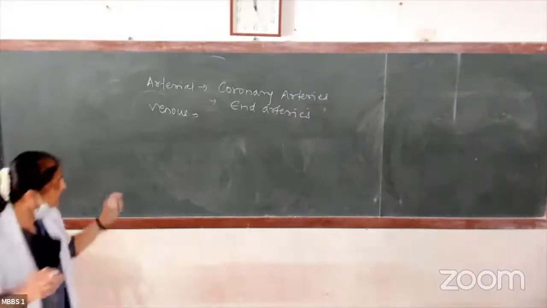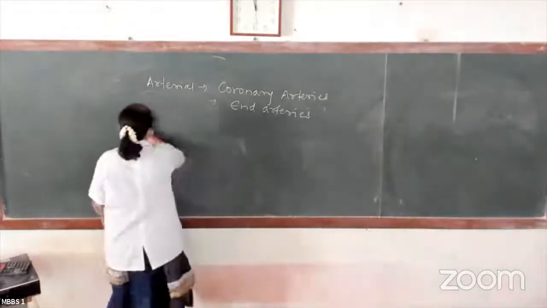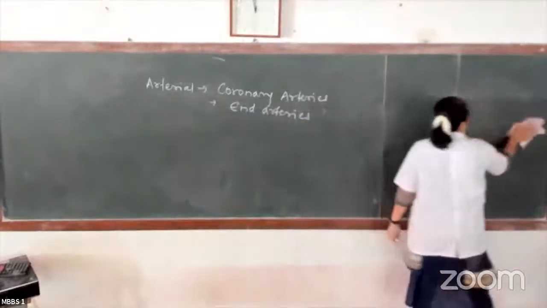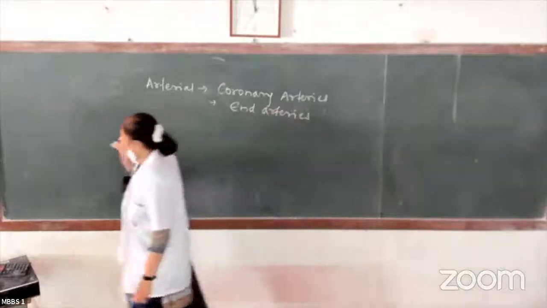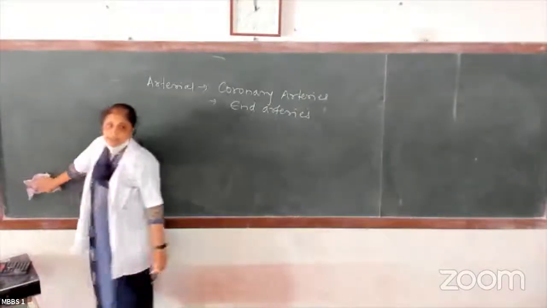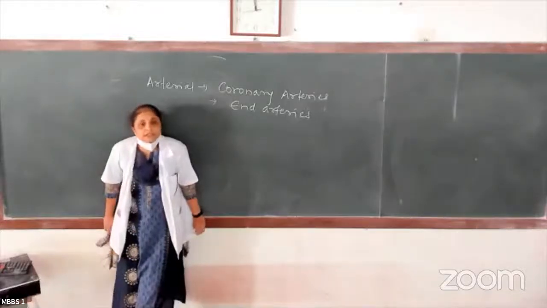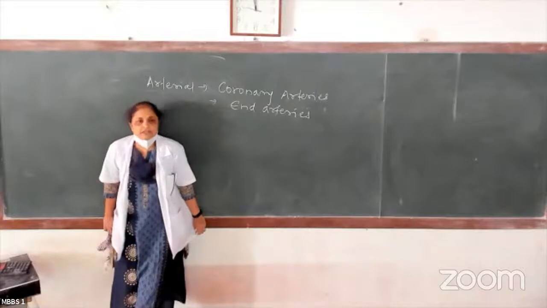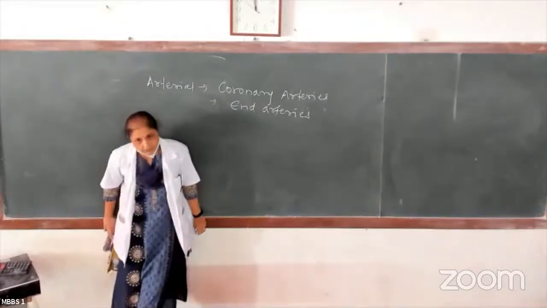Now first of all we concentrate on the arterial supply of the heart. We have said that the coronary arteries are the branches of... this is a very simple question I am asking here. Whenever the question comes in the examination, the answer is not a branch of the arch of aorta or of the descending thoracic aorta.